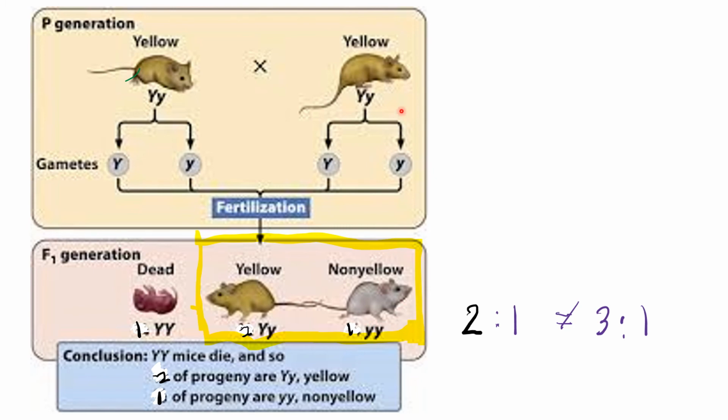Then in the recessive color allele, small y, or the non-yellow, there is a survival gene that is dominant to the lethal gene. So when it exists in heterozygous, the survival gene will mask the lethal gene and the mice will survive.